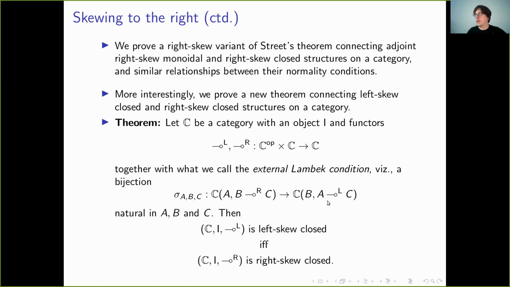And this holds in the lambic calculus, where now instead of the lollies you have the two residuals. And then if you have this condition in place, then I lolly L is a left-skew closed structure on C if and only if I lolly R is a right-skew closed structure on C.